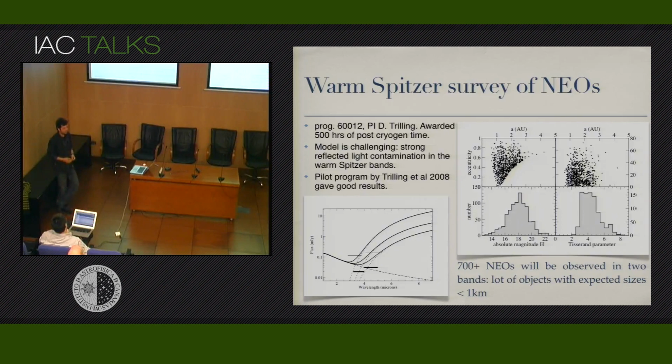These are typical objects that go through a close approach and then won't come back for 20 years or so. That's NEOs. For those objects for which we can derive the shape and the spin vector, I would say yes, within 10 or 15 years you can come back and get the second epoch.